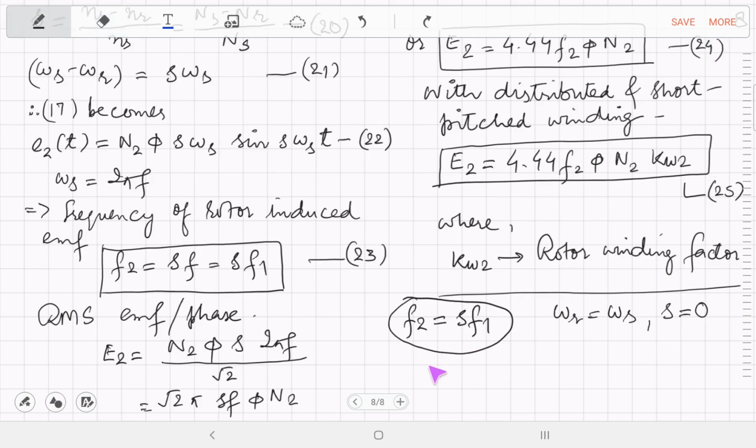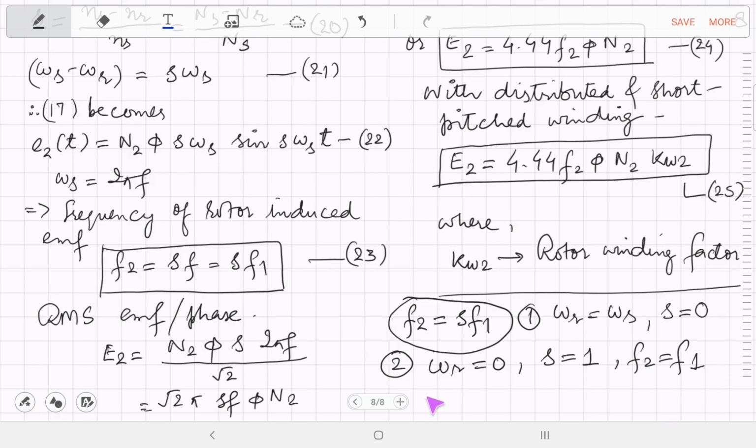Now, if the rotor stands still, that is omega R is equal to 0, this is the second case. In that case, S will be equal to 1, and therefore F2, the frequency of the rotor induced EMF, will be equal to the frequency of the stator induced EMF.